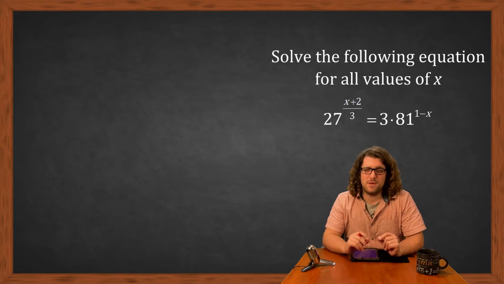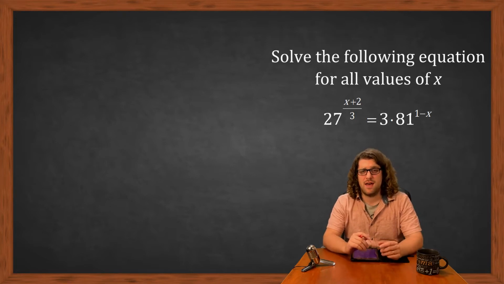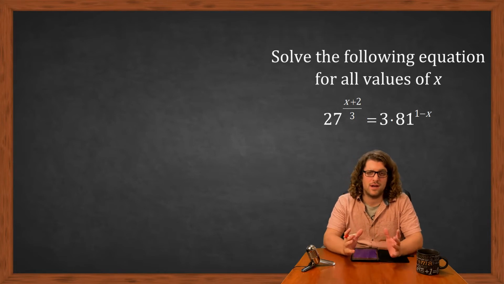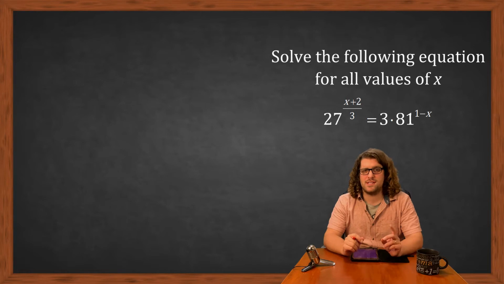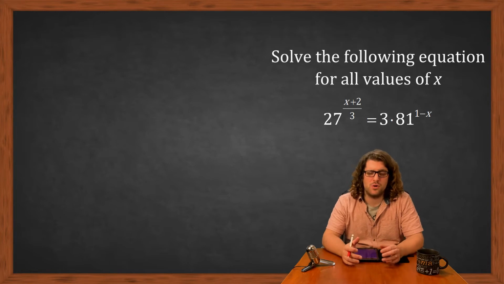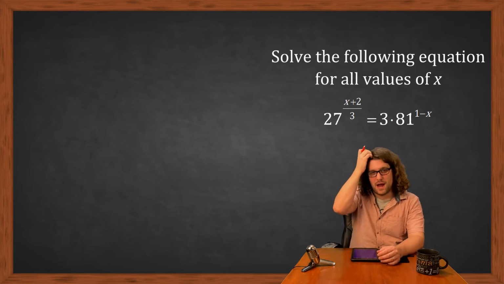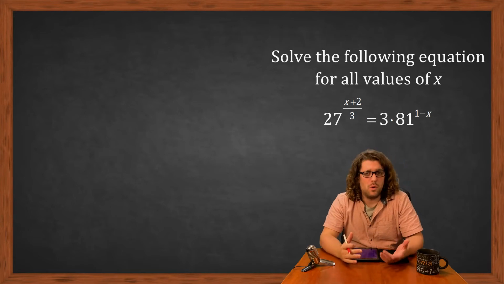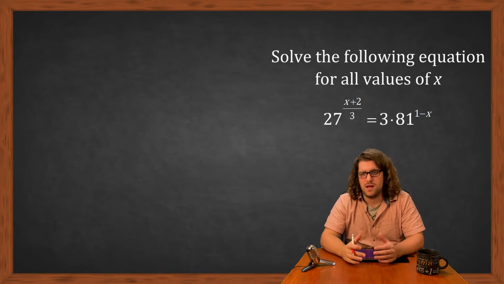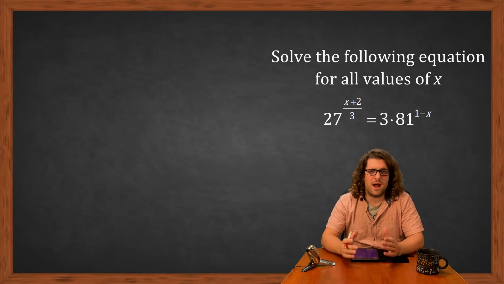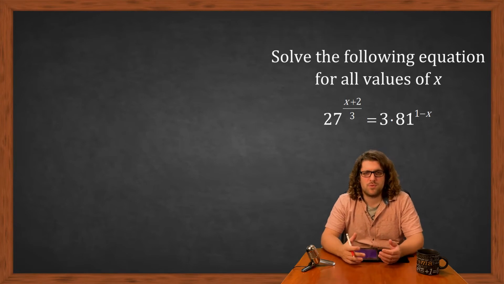Basically, what we have to be able to boil it down to is having our left-hand side and our right-hand side such that they can be expressed as a single power of the same base. So in my example up above, I have 27 and 81. Both of these are powers of 3. Now, that's not the only power that they can be written in by using some sort of rational exponent, but 3 is probably what comes to mind the easiest for me.